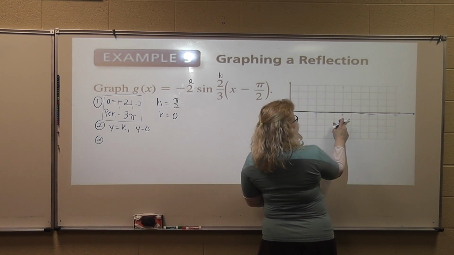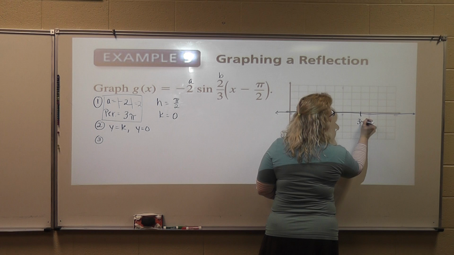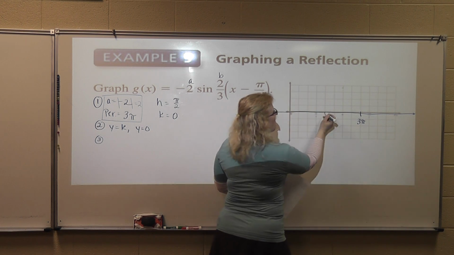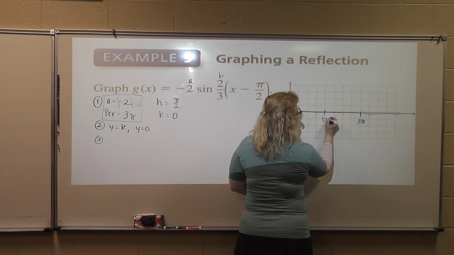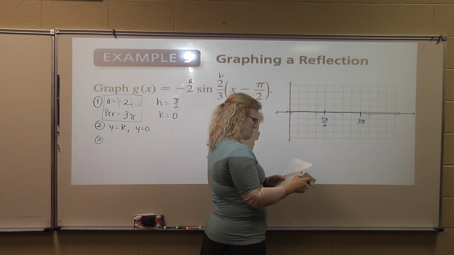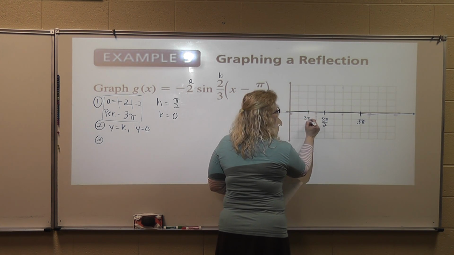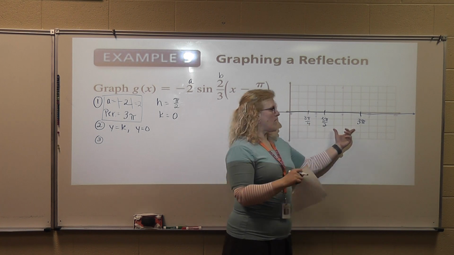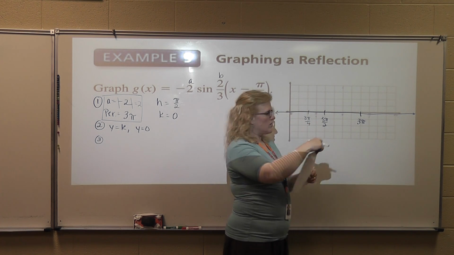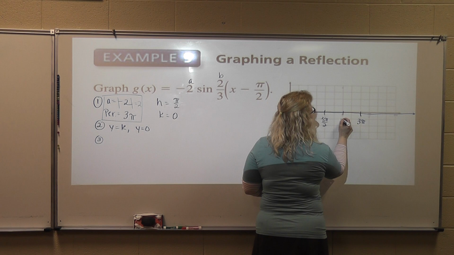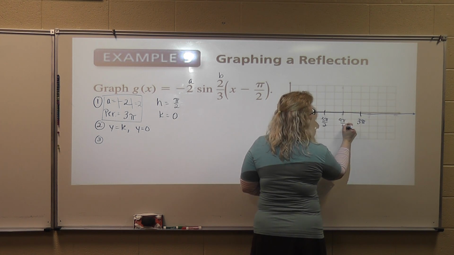Let's see, 1, 2, 3, 4. All right, so 3 pi is my period. Half of that is 3 pi over 2. Halfway between those two is 3 pi over 4. And then halfway between these two is 9 pi over 4.